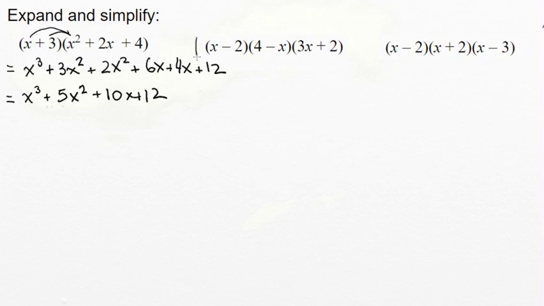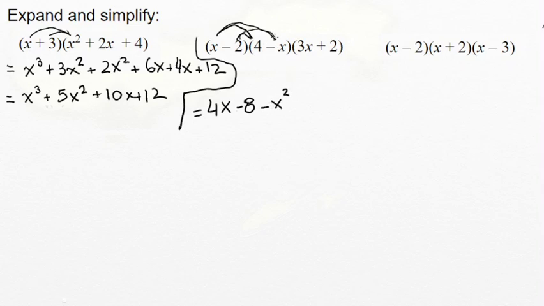Now the second problem. Now let's first expand the first side of bracket that we have. So x times 4, that would be 4x. And negative 2 times 4, that's negative 8. Second term, x times negative x, so that's negative x squared.